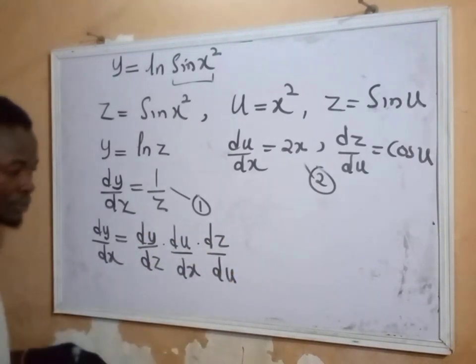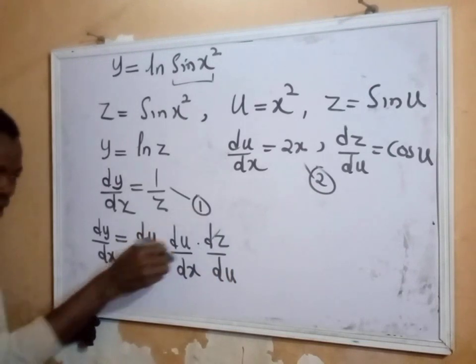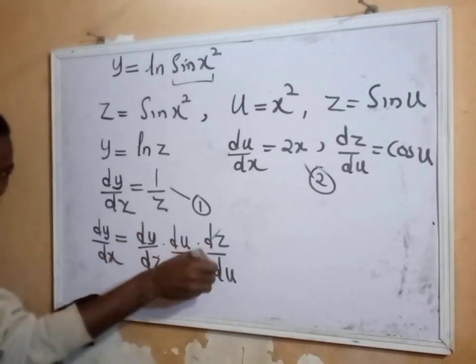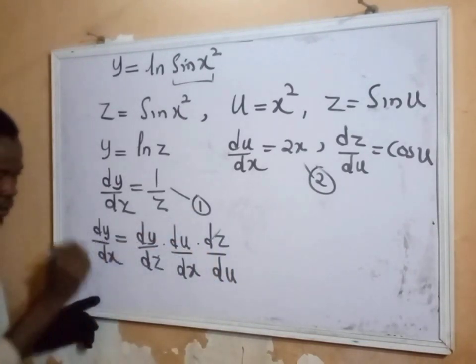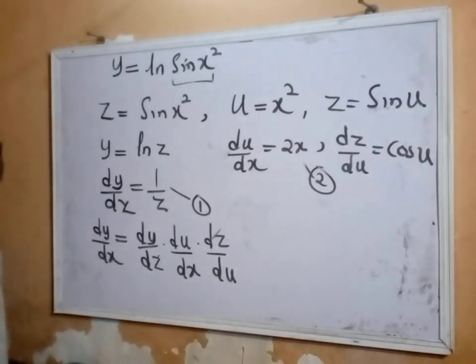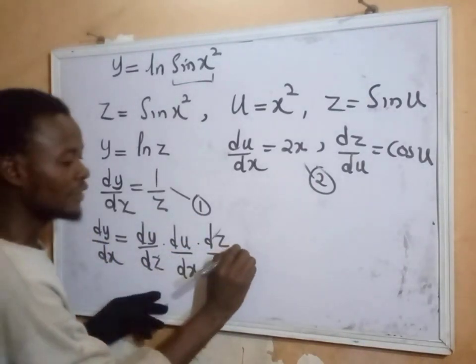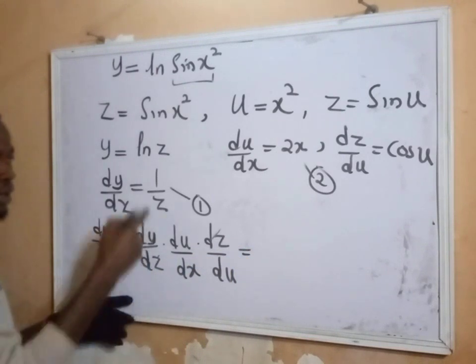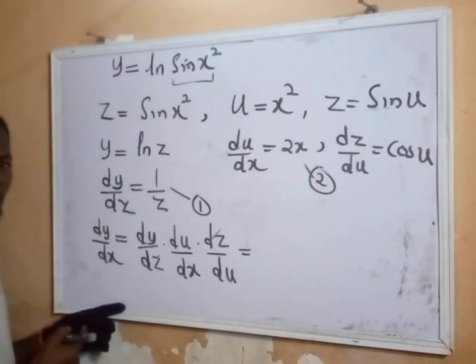The formula is very simple. This and this cancel, this and this cancel, so we still have only dy/dx, which is equivalent to this. Clear? If this is clear, let's start inputting what we got for each derivative.